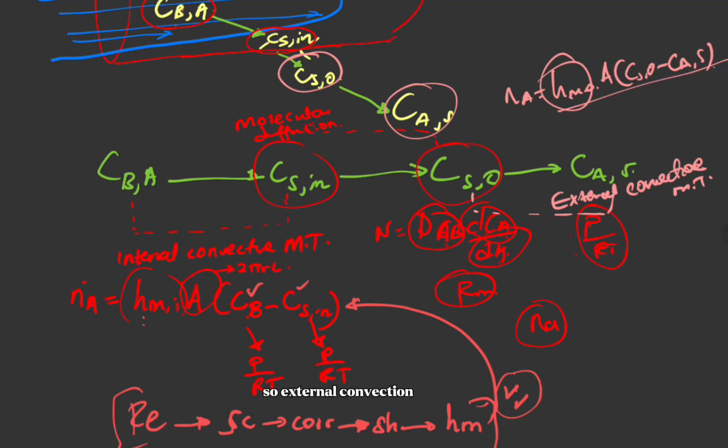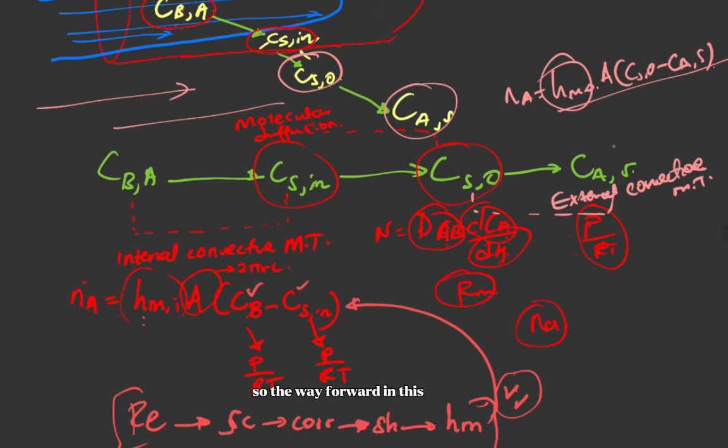So external convection, the driving force will be the flowing air. There will be some air that is flowing on the surface, not on the surface rather, but around or in the surrounding, which still makes it the air that is flowing on the surface of the pipe, right?